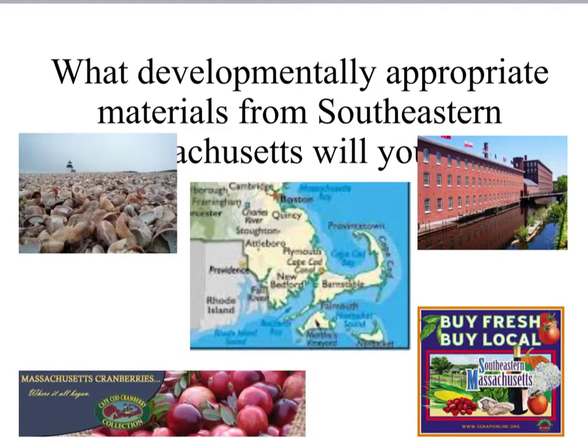I've had students do things with local foods. They've used maybe field trips or ideas from local industries such as the mill industry, or it could even be natural objects such as seashells that would come from southeastern Massachusetts.